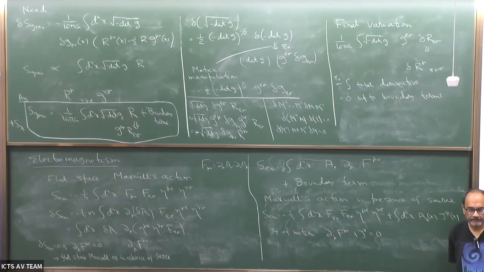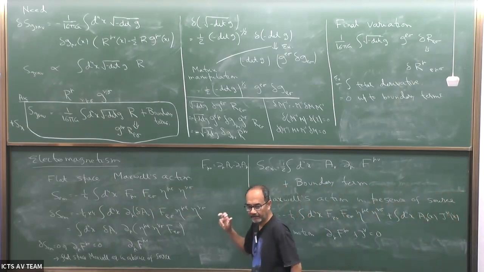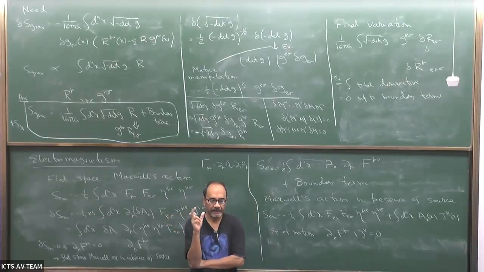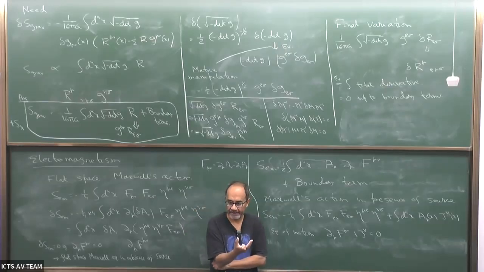Is it okay? But this term serves another purpose. That's the advantage of action principle. The same term in the action will also tell us how the equation of motion of x changes.